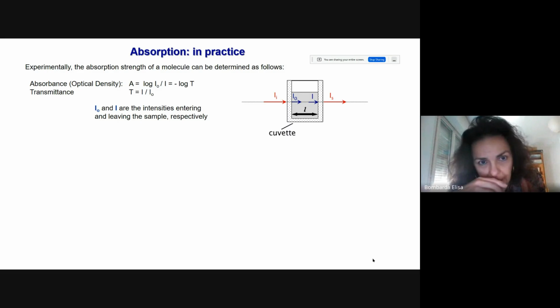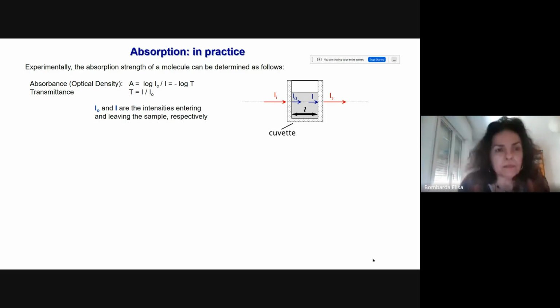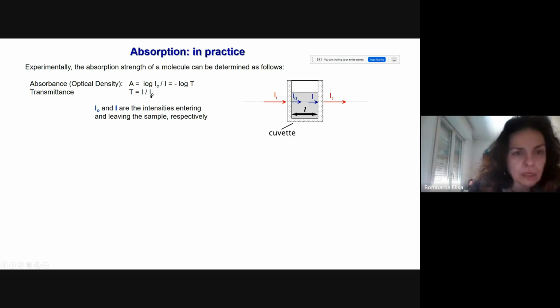So we have seen the Lambert-Beer law, and the relationship between the absorbance and the transmittance.